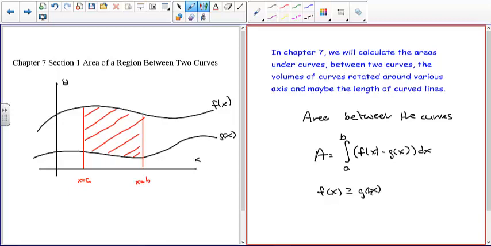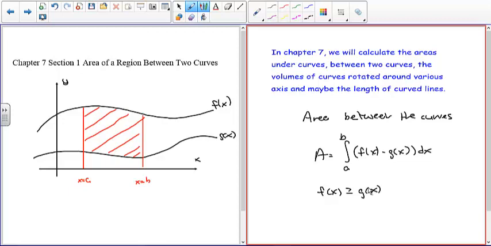If they crossed in the y direction, it's not that much more complicated. You just have to reflect that difference. So the key thing is that you've got to know that f of x is always greater than g of x. How do you know that? Well, that was the next graph that says plot the functions.